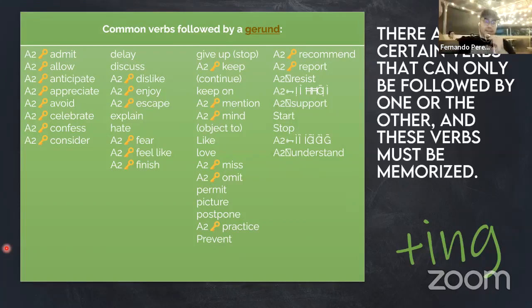If you want to pass the final exam, you need to memorize this particular list. Let's practice it. Let's go with the first, admit. I'm gonna give you an example.